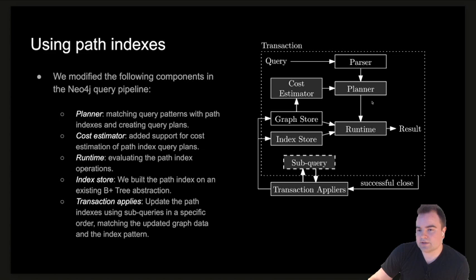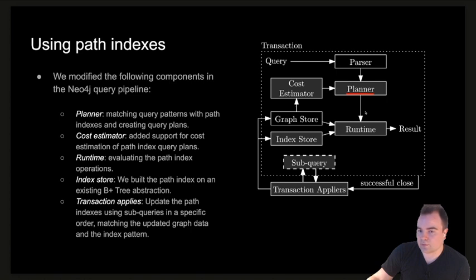But then we needed to modify the planner in such a way that it is aware that we now have this new index, which indexes paths, and we need to be able to choose from plans which contain index operations over these path indexes. So we added that.